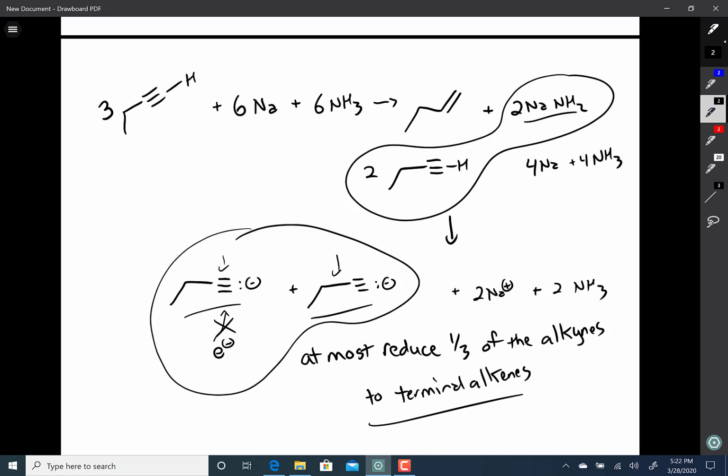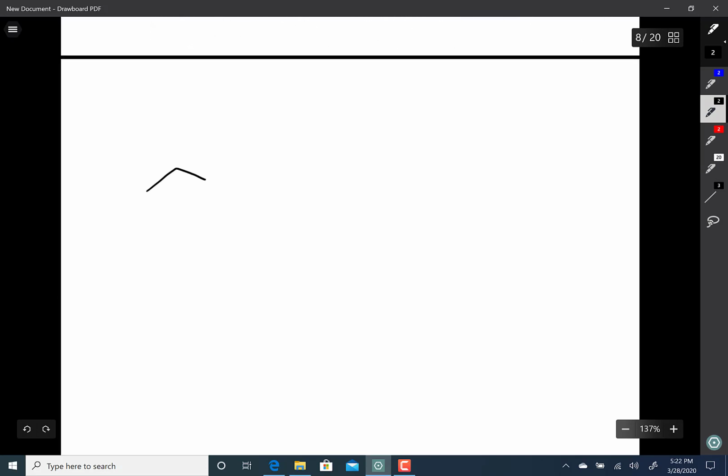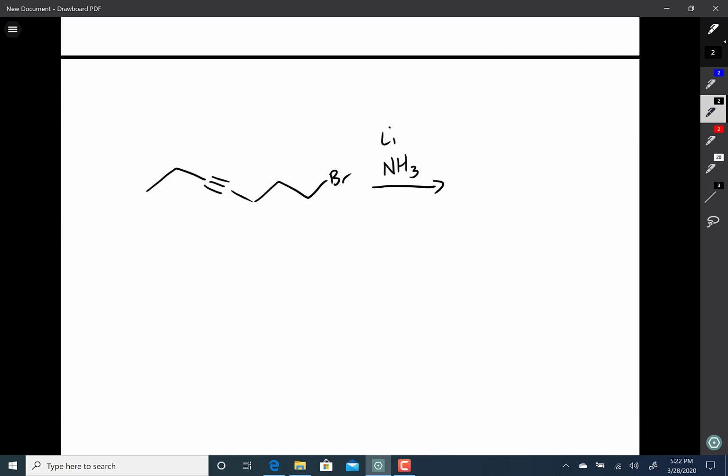So this also kind of explains why you don't want to use lithium and ammonia with this molecule. Or sodium and ammonia for that matter. Well, first of all, ammonia can do an SN2 reaction with that.